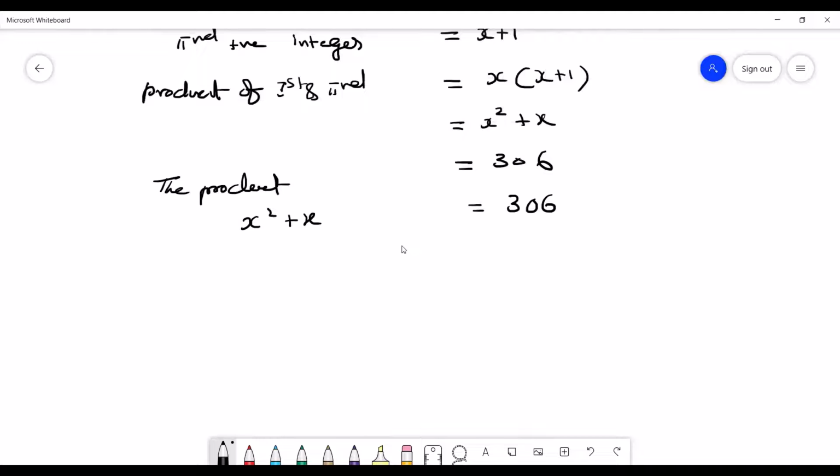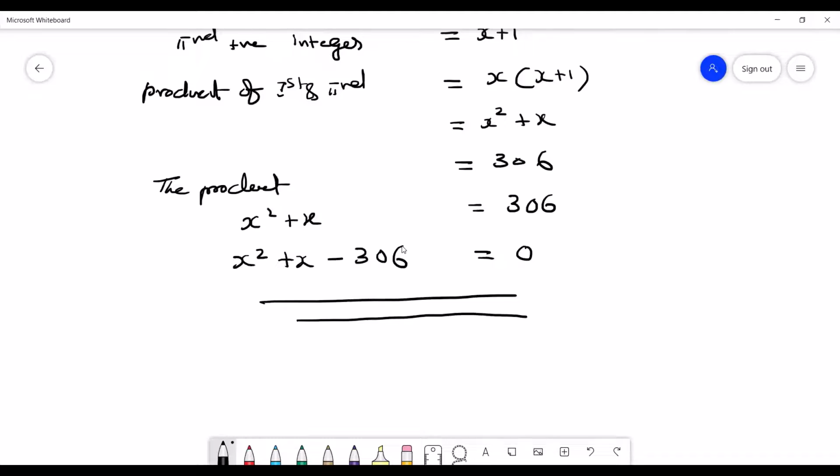So we can write it as x square plus x minus 306 equal to 0. So this is representing a quadratic equation. So this is the mathematical expression of the given situation.